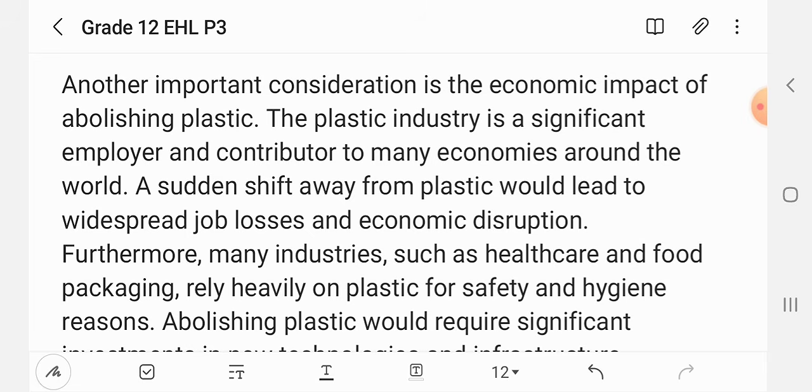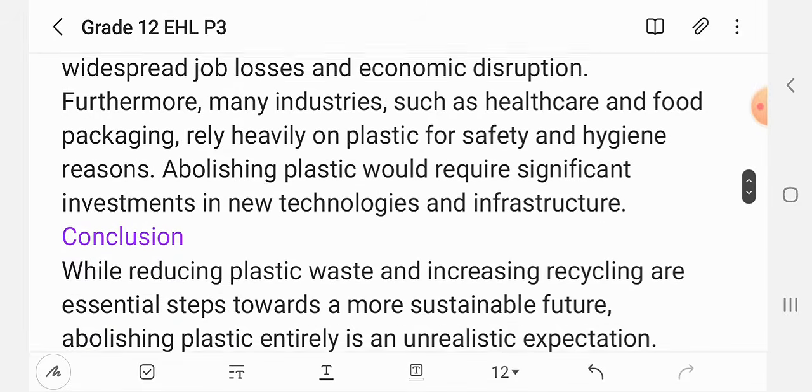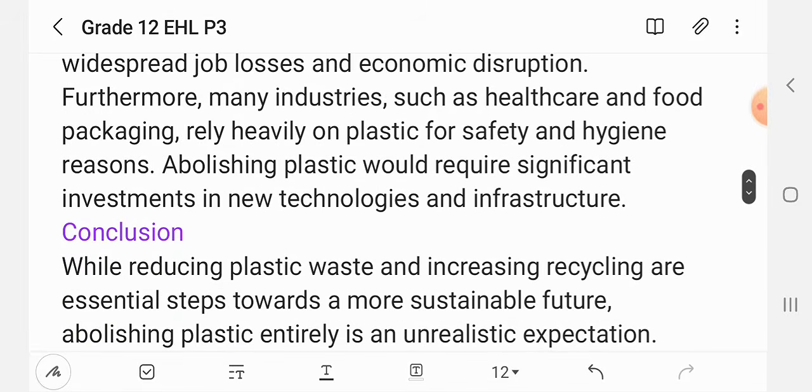Another important consideration is the economic impact of abolishing plastic. The plastic industry is a significant employer and contributor to many economies around the world. A sudden shift away from plastic would lead to widespread job losses and economic disruption. Furthermore, many industries such as healthcare and food packaging rely heavily on plastic for safety and hygiene reasons.